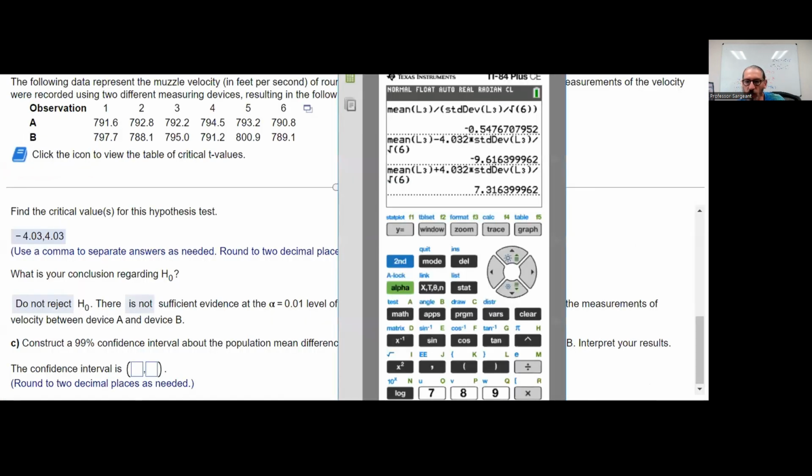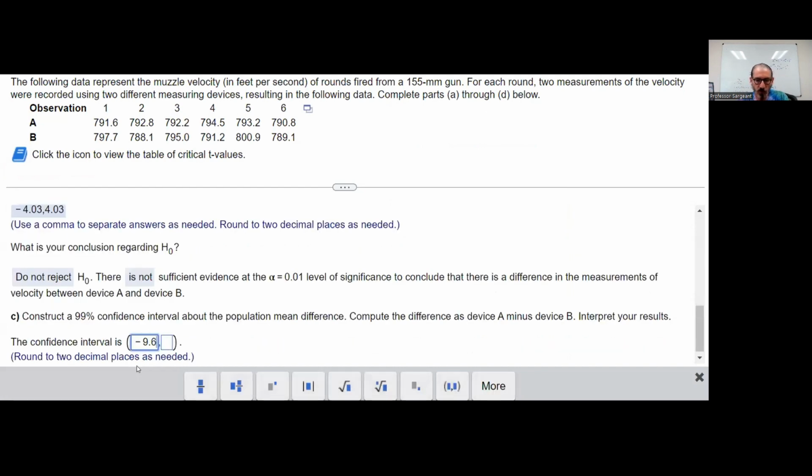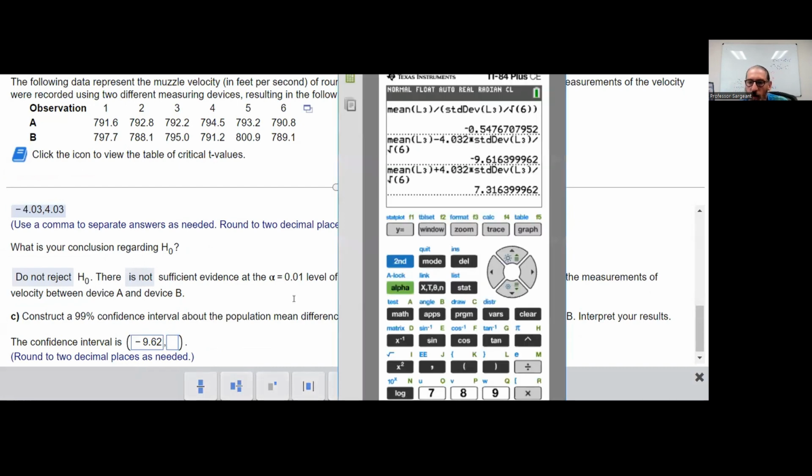So the confidence interval rounded to 2 places is -9.62. That's 6 after the 1 that is rounding. That's our lower bound. And our upper bound, rounding up, is 7.32.